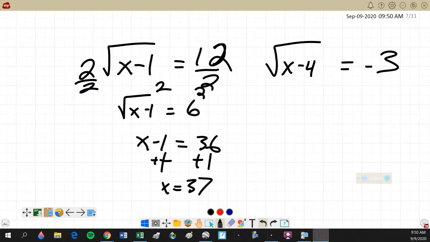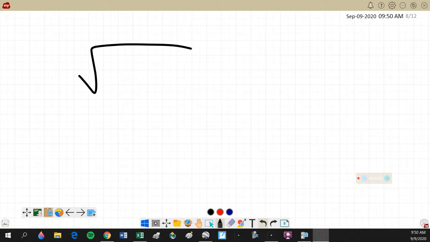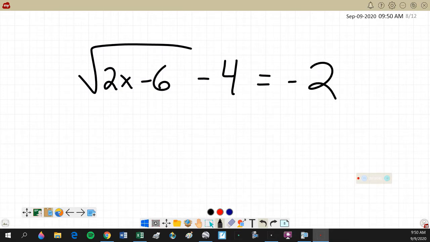Okay. What if I had... you got to be careful here. It looks like in its current state there's not going to be a solution. But is it possible to square root a number, subtract 4, and end up with a negative number?